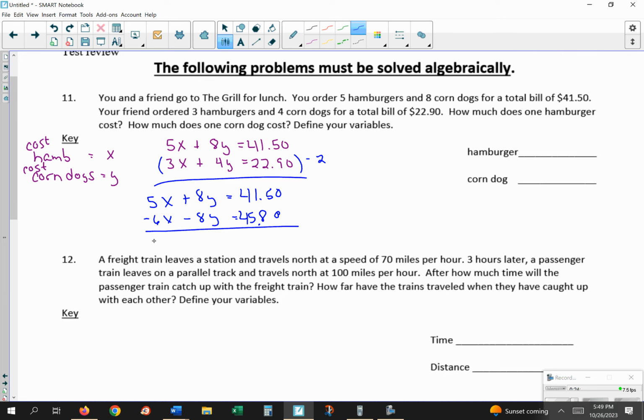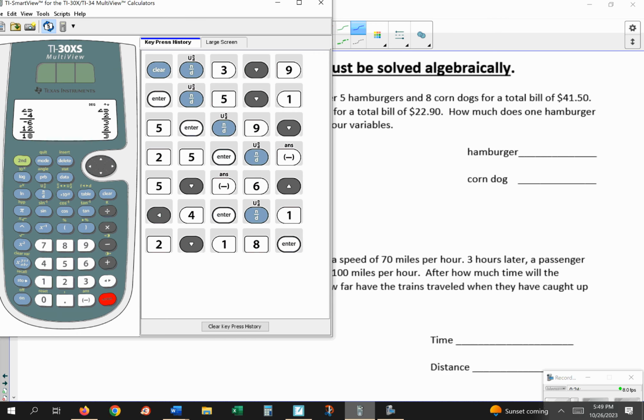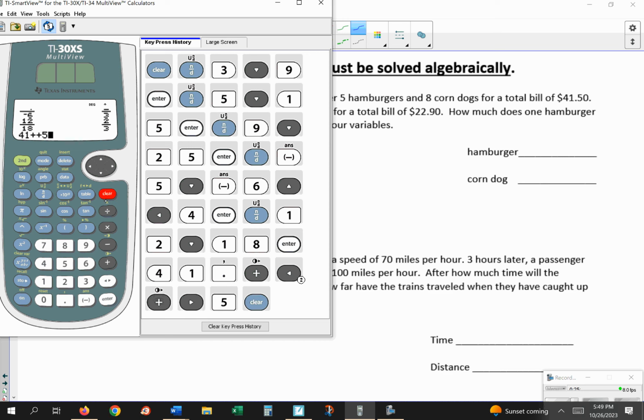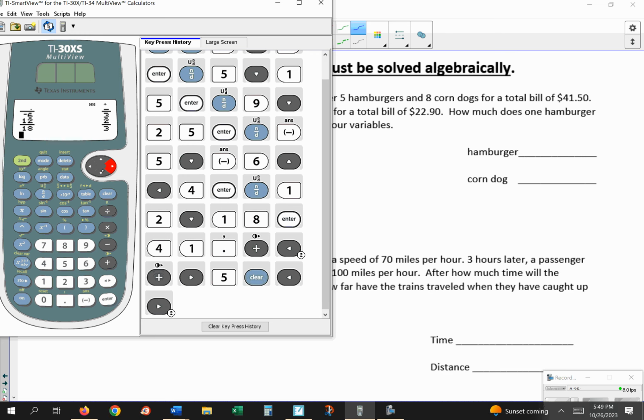Ready to collect those like terms. I've got -1x, or just the opposite of x. 41.50 plus 45.80. Let's go ahead and punch those in. All right, sorry about that.